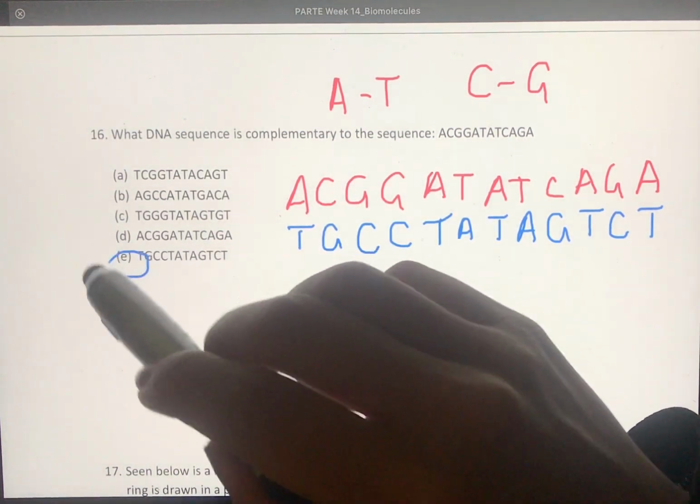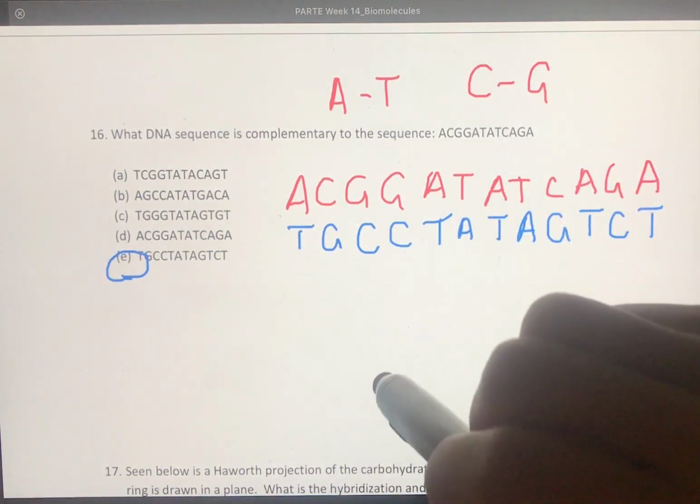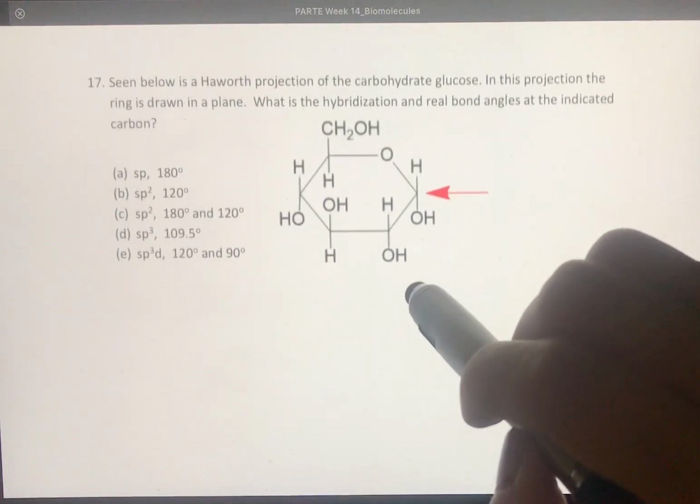So it's going to be answer choice E. Sorry, lots of letters. It's like a tongue twister.